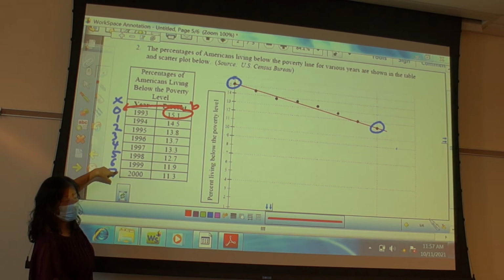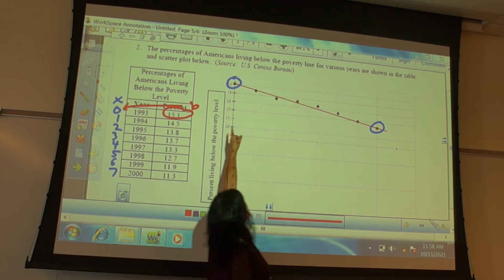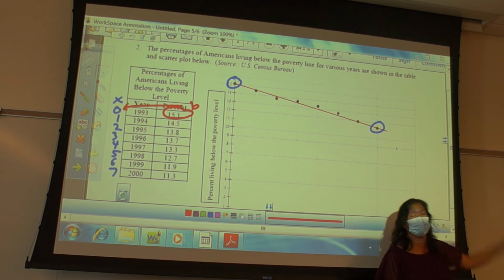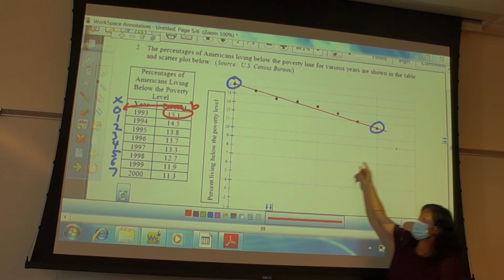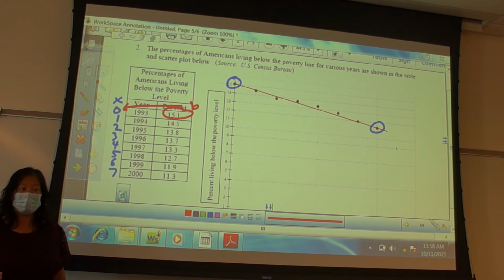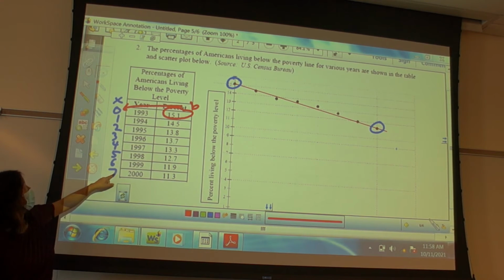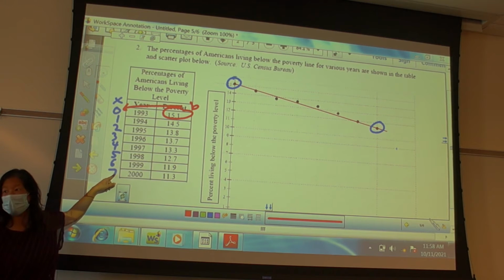You can't just grab any two points. I need to use the first and the last points to find my slope.